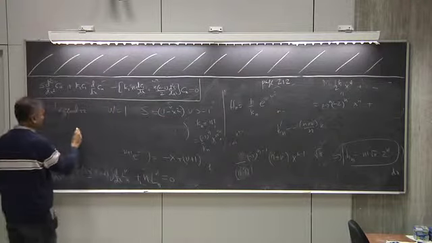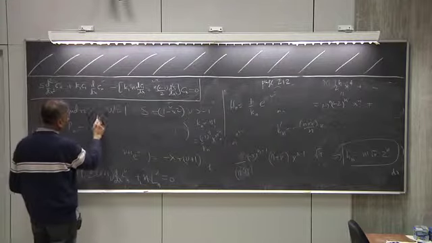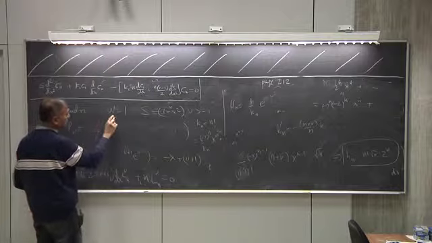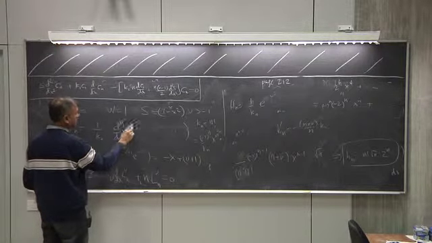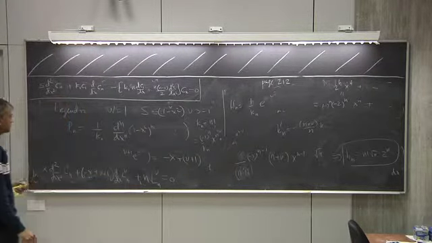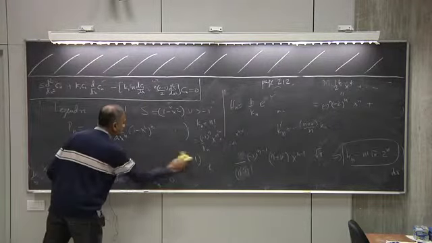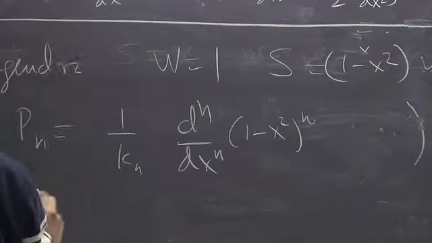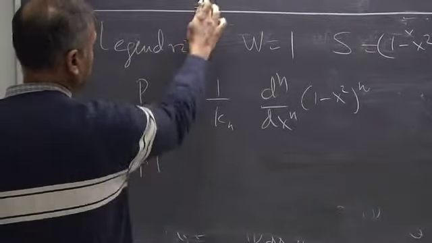Okay, so Pn is okay up to this constant 1 over kn. It's not important for the differential equation. 1 over w, which is 1, and dn by dxn of s to the n, 1 minus x squared to the n. That's what Pn is, right? So in particular P1, or more importantly K1 times P1, is what enters here.